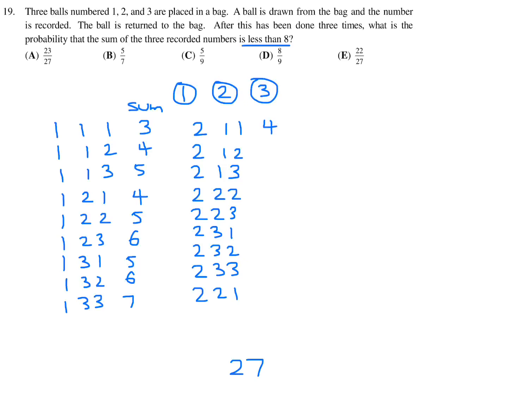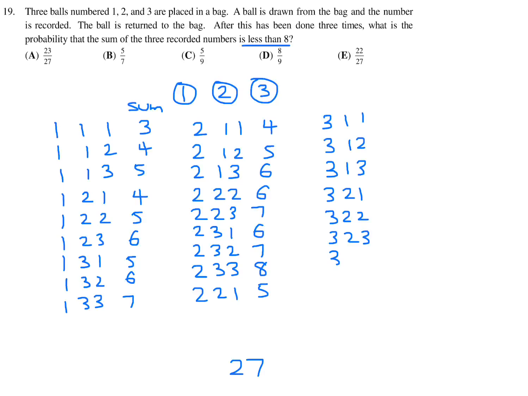So add up the sums, 4, 5, 6, 5, 6, 7, 6, 7, 8. And then very similarly, we have another 9 possibilities with 3 as the first ball being selected.